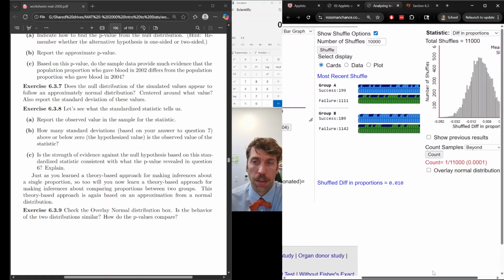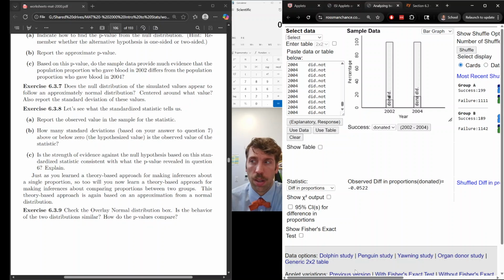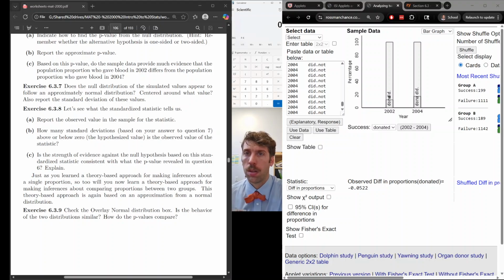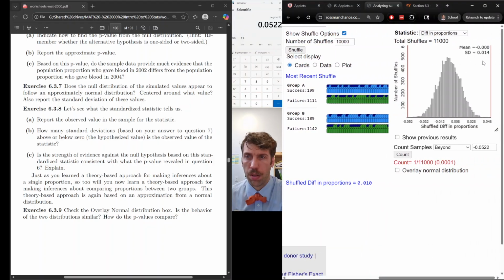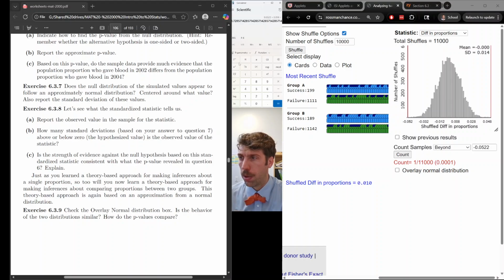So then to calculate how many standard deviations, in your calculator you would take your observed difference. So my observed difference is negative 0.0522, and I divide that by the standard deviation of the null distribution, which is 0.014, and I get negative 3.7.